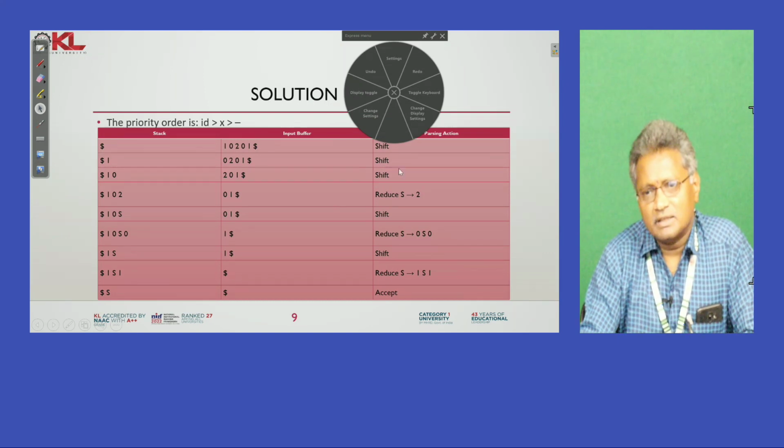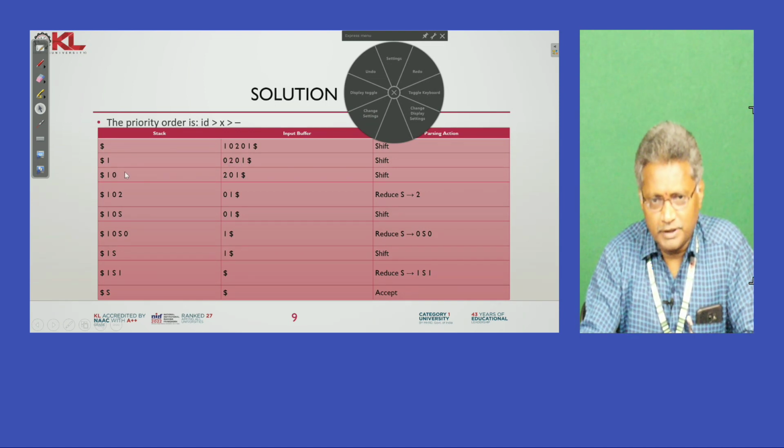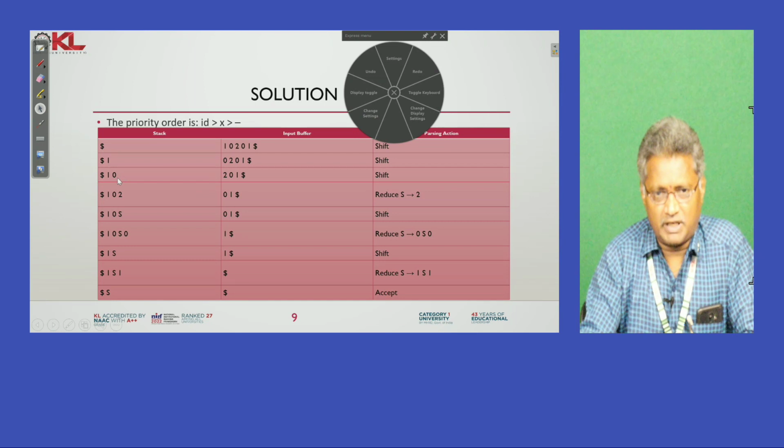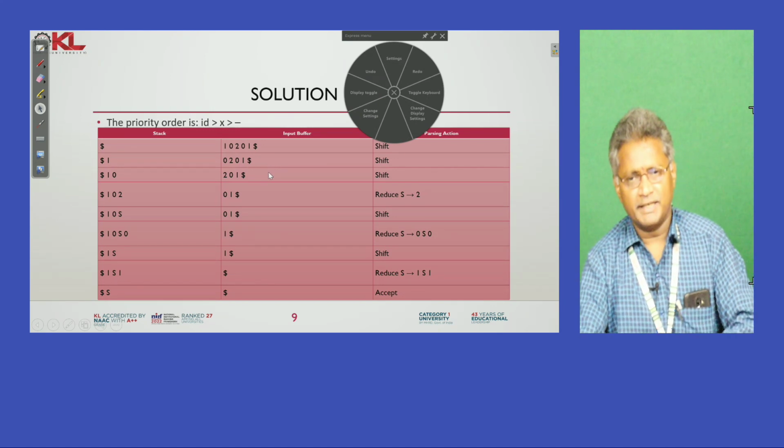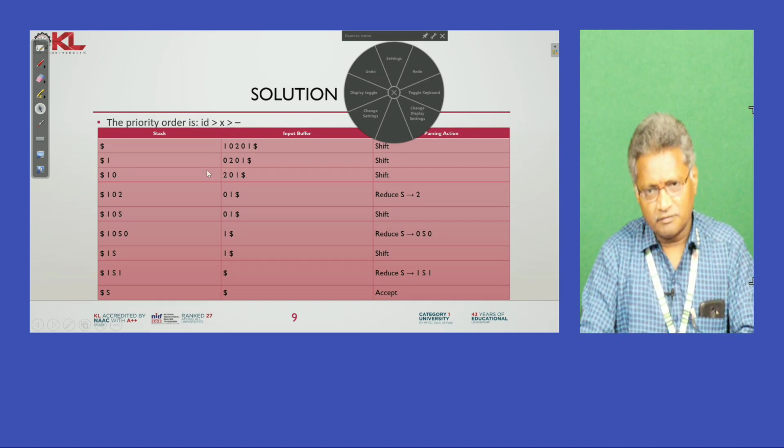Again apply shift action, and the leftmost symbol 0 is moved to the stack. Then the input buffer becomes 2 0 1 with the dollar symbol as it is. Next, again apply the shift action, and the leftmost symbol 2 moves on top of the stack.